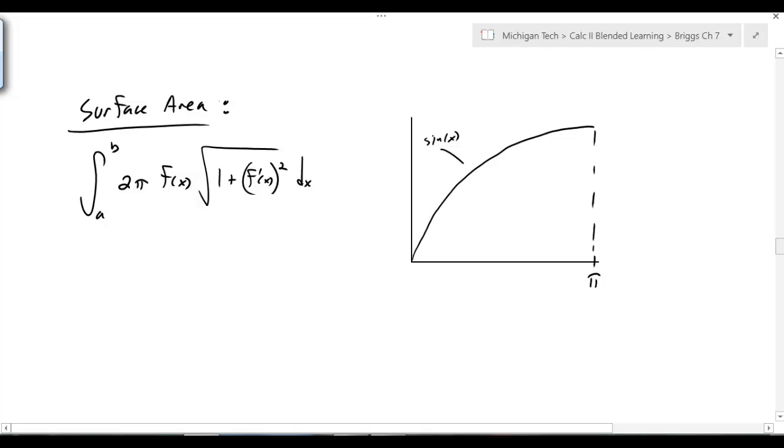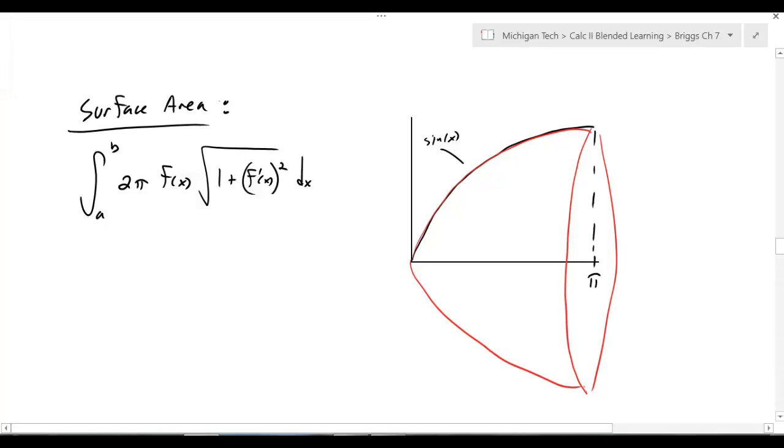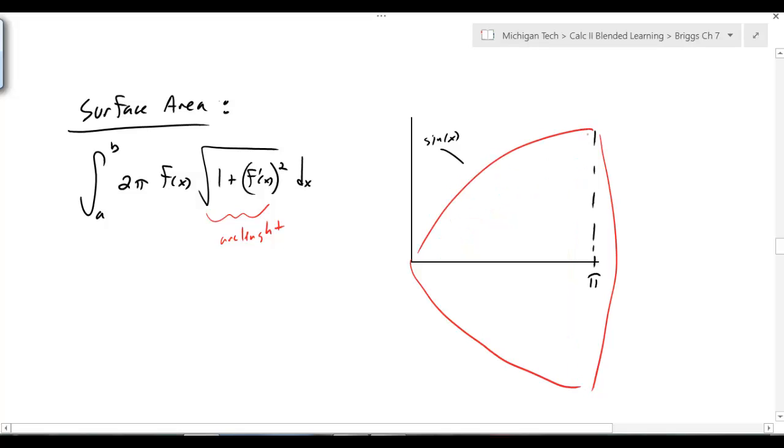When we talked about surface area as a topic: how do I take this curve? I can make an object by taking this curve and rotating it about an axis, and I want to find the surface area of this bowl. To do that, I have a formula. The formula is basically taking a little piece of the arc length and rotating it around some circle.